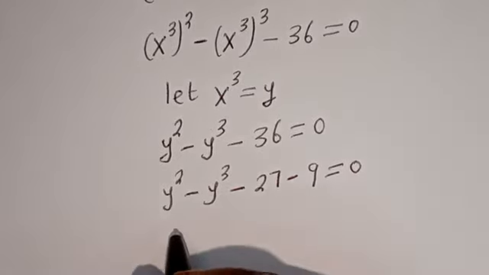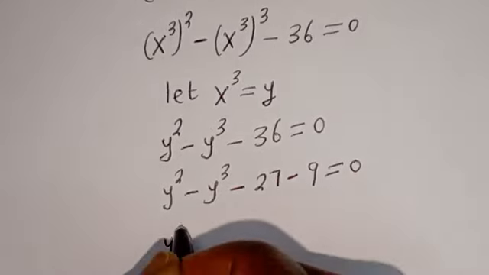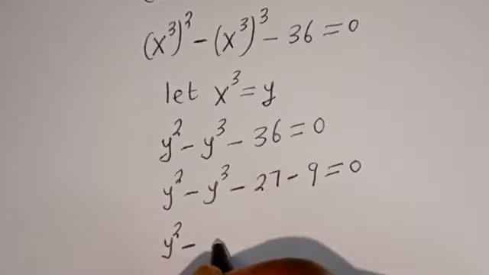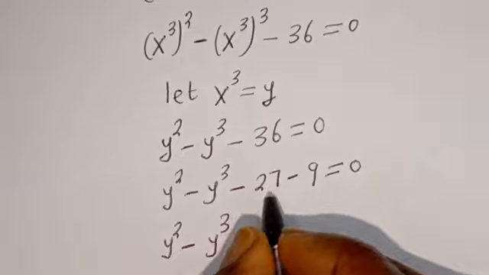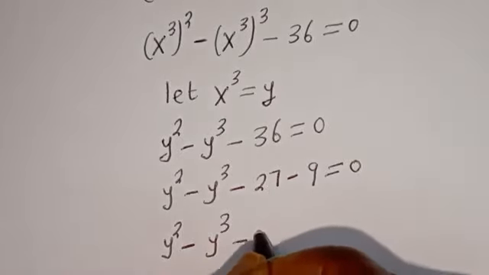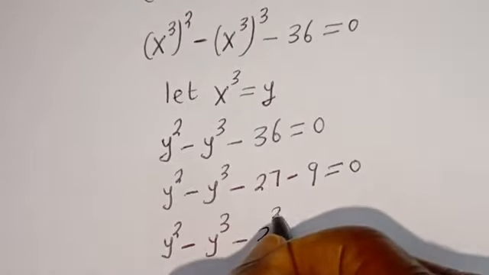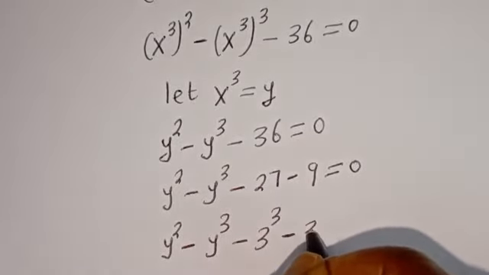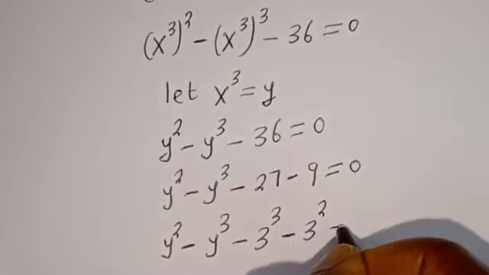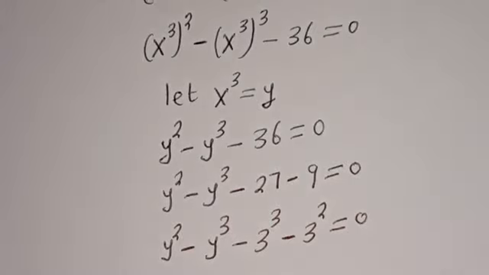Then this can be written as y squared minus y to the power of 3 minus 27 minus 9, which is minus 3 to the power of 3 minus 3 squared, is equal to 0.